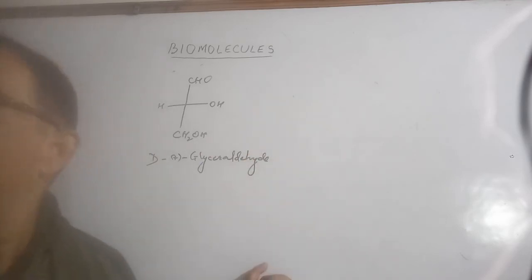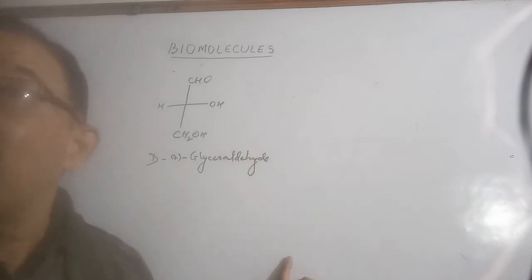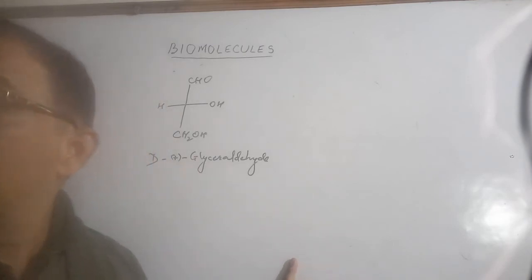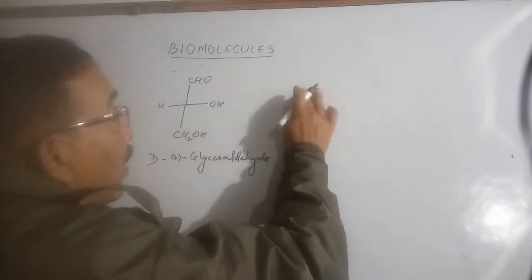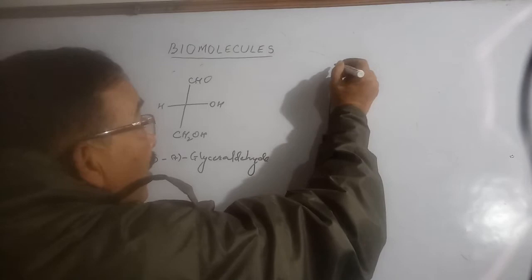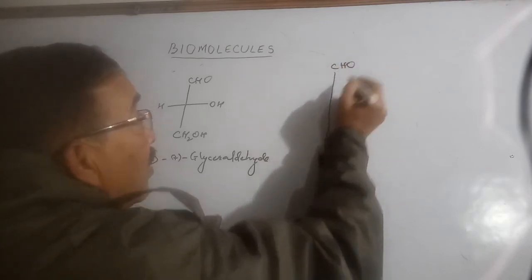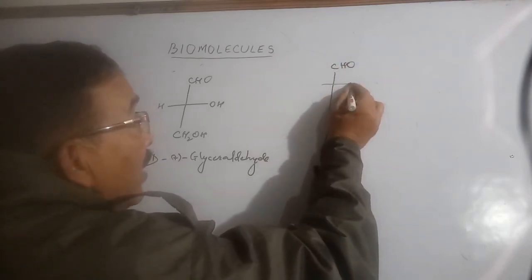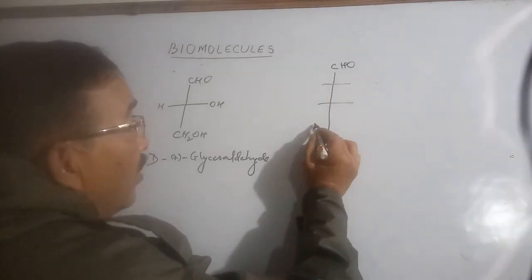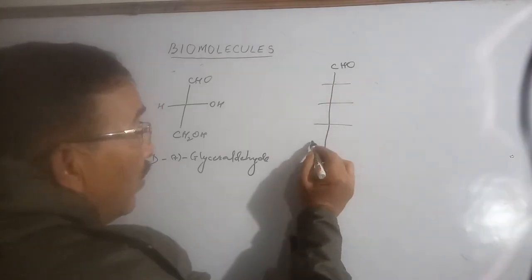Now let us draw the open structure of D glucose. This is your CHO, 1, 2, 3, 4, 5.